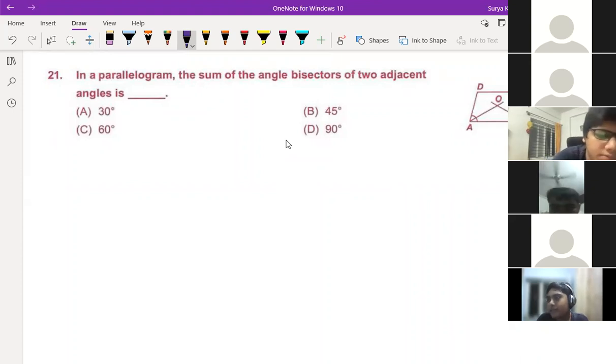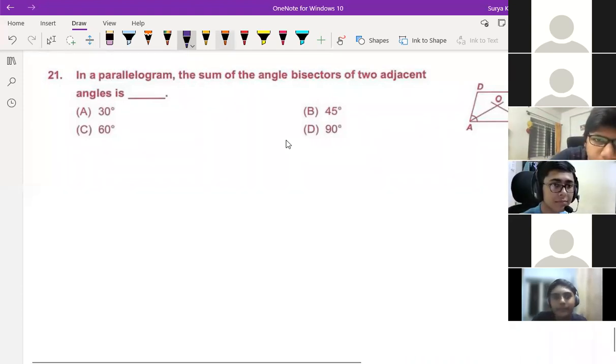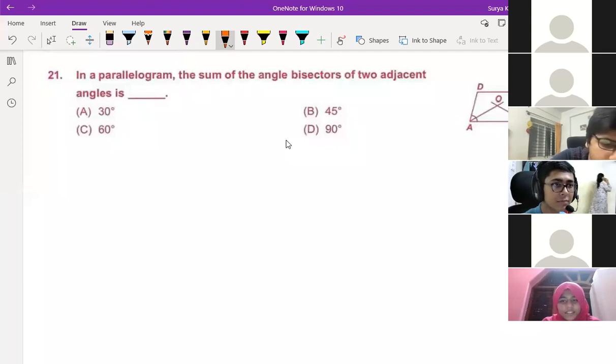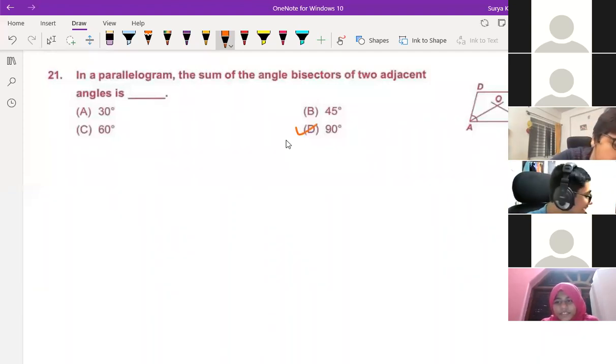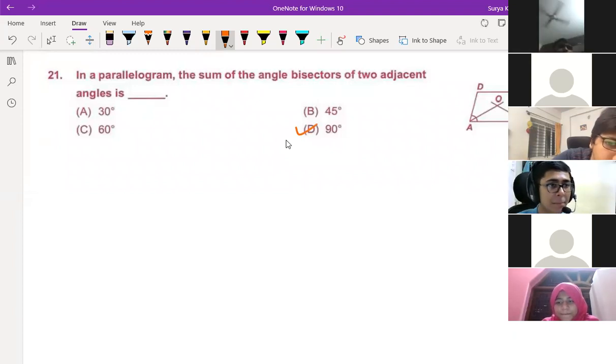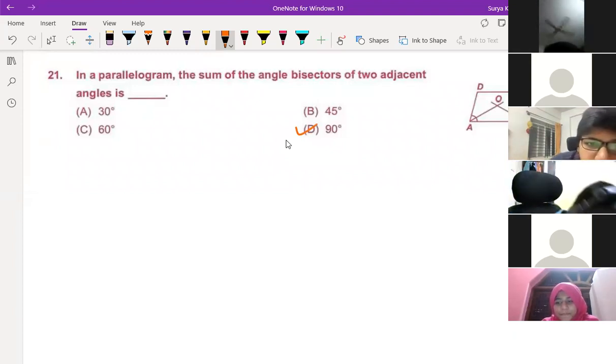So 90, sir. Yeah. See, adjacent angles will be 180 degrees and half of it is 90. Is that clear? Yes, sir. Remember, children? I've seen it starting only.